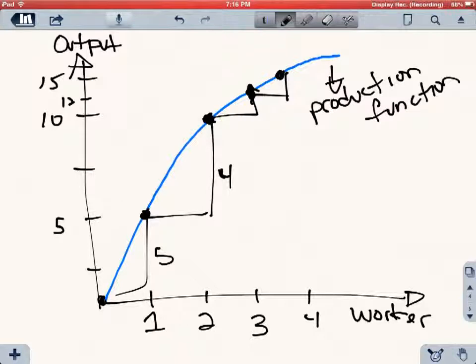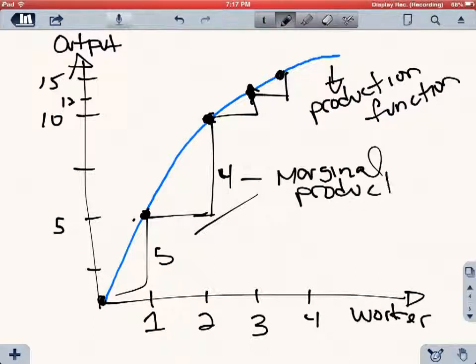And we call it diminishing marginal returns because the slope, or the change, every time you increase your workers, is going to be called the marginal product of whatever it is.